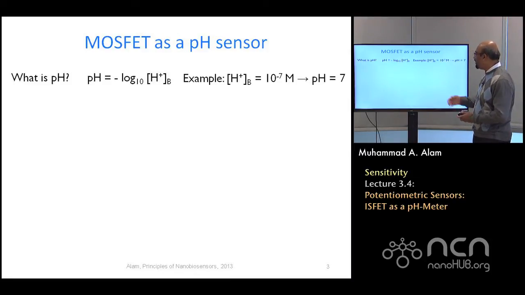For example, if the proton concentration is 10 to the power minus 7 molar, let's say 100 nanomolar, once you put it in that formula, the answer will be 7. So in that case, one would say a solution containing so many molars of protons has a pH of 7.